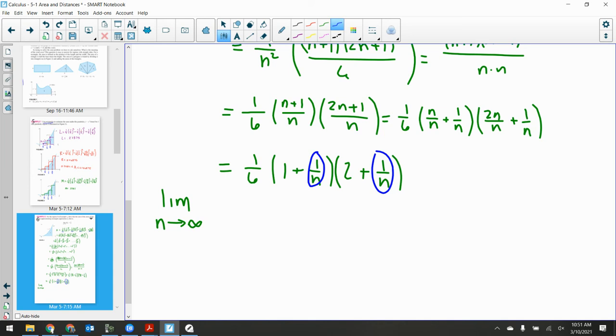It's going to go to 0, right? So the limit as that goes to infinity is going to be 1/6, 1, 2. What's 1/6 times 1 times 2? 2/6 or 1/3. So we just proved algebraically that the limit is actually 1/3.